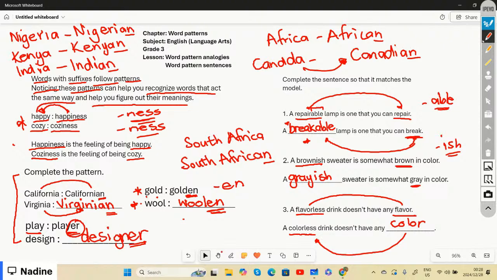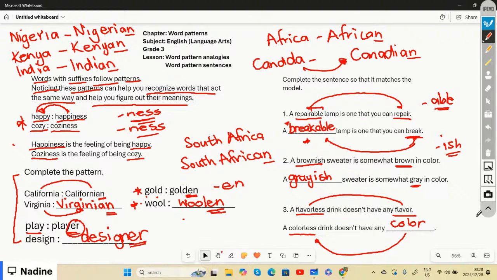All right, well done. So now let's go to aplusstudents.ca. And before we go to aplusstudents.ca, remember we're doing word patterns. It's like these patterns that we follow by looking at the suffixes of the word, right? And remember, a suffix is letters that you add to the end of a root word.